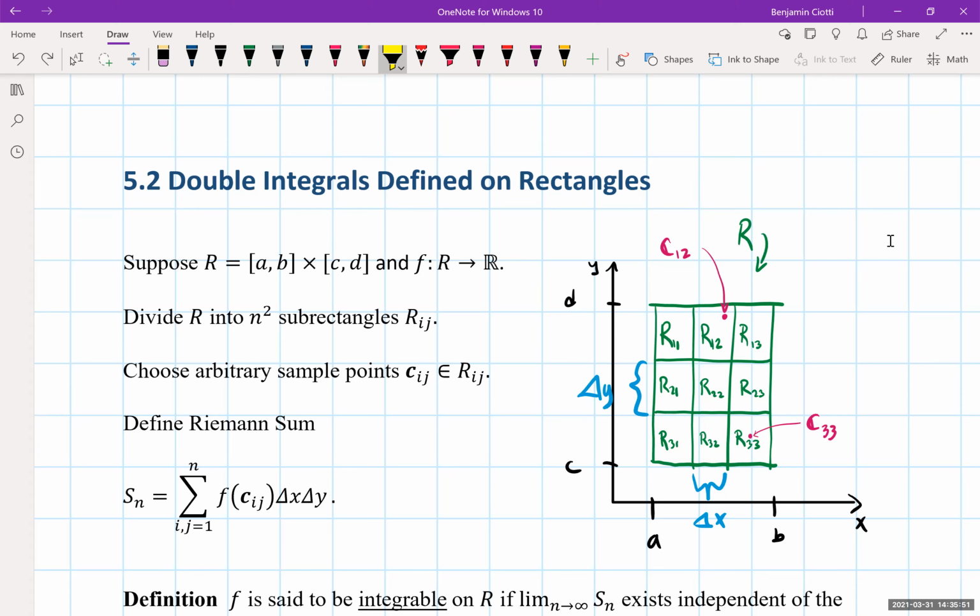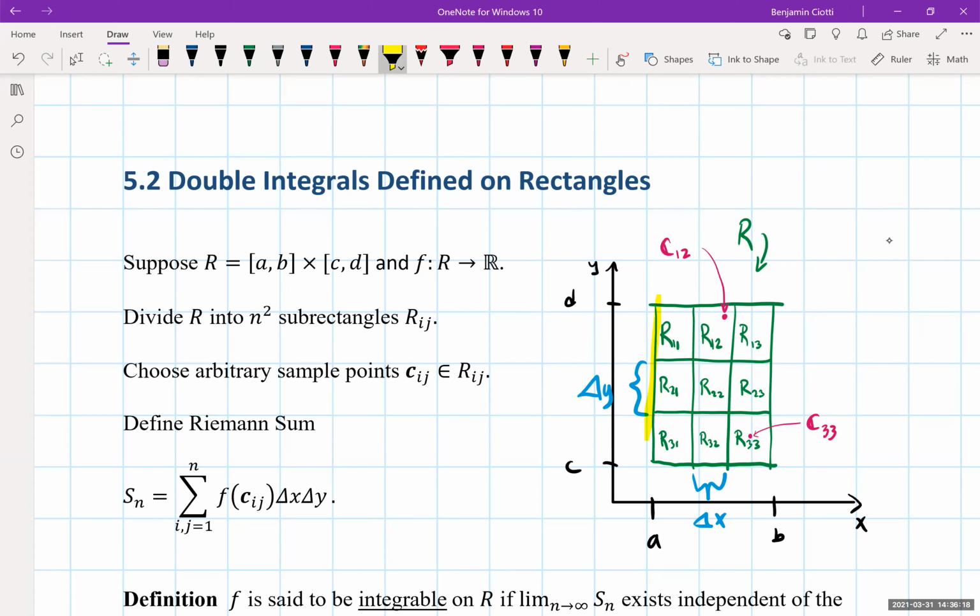So here's the setup. Suppose again that we have some rectangle in the plane, and we'll call it R. And suppose again that we have some function which is defined on R and is real valued. Notice I am not requiring that the function be positive.